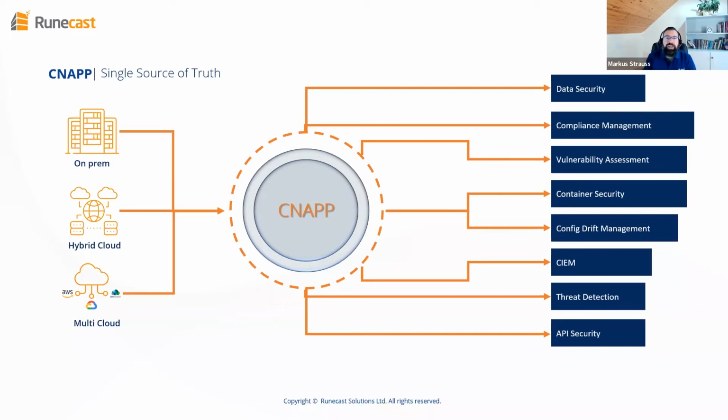So when we think of CNAPP and when we think of a cloud native application protection platform, we really need to think of it as a holistic view across our security posture, across our entire deployment stack, right? So that includes on-prem, that includes hybrid cloud deployments, that includes multi-cloud deployments. And really, when we look at the right side of this screen, the areas that we need to focus on from a security and compliance perspective and from a development perspective, right?